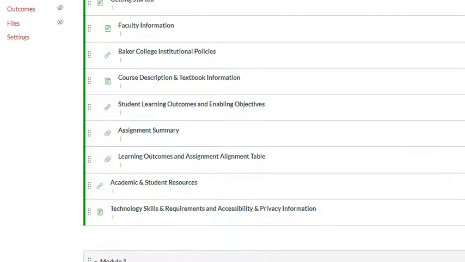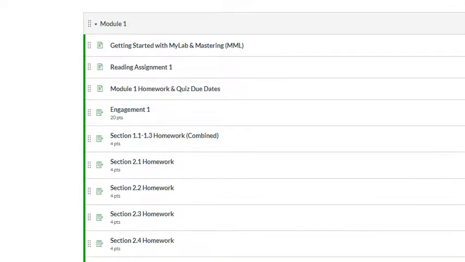Okay, so start here, Module 1. Here we have the homework, the engagement, how to get started. Again, go ahead and read what I wrote at the front, and it'll tell you all about what to do here and what order to go in. Okay, engagement is worth 20 points. I want to make sure that you read this. Now, what is engagement?